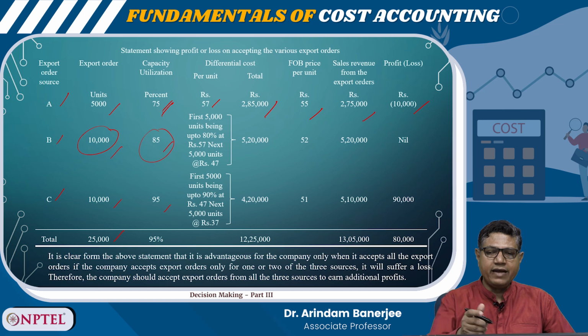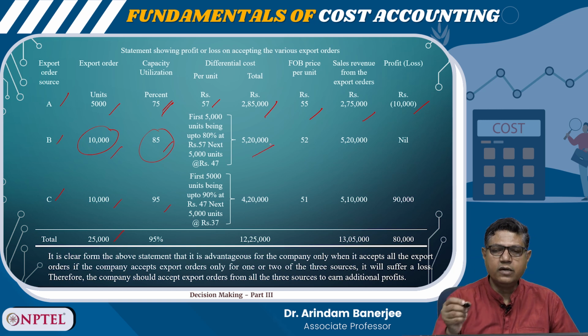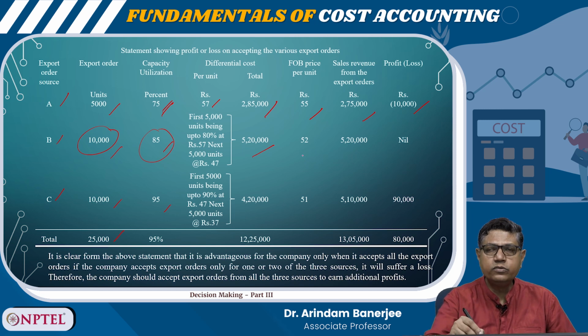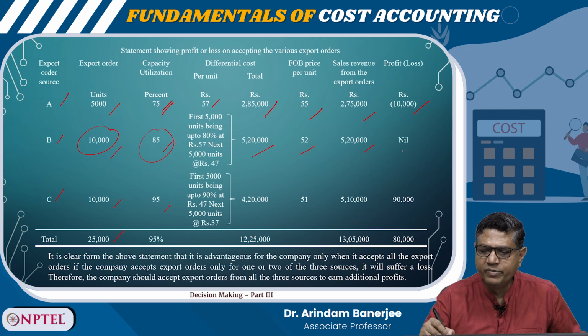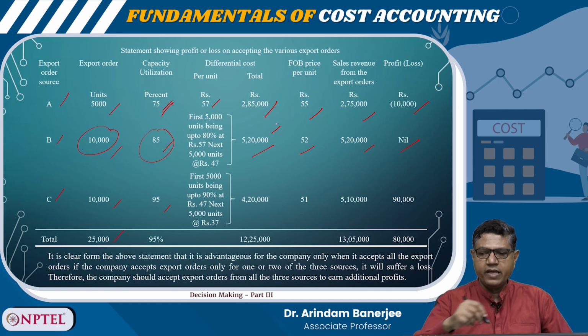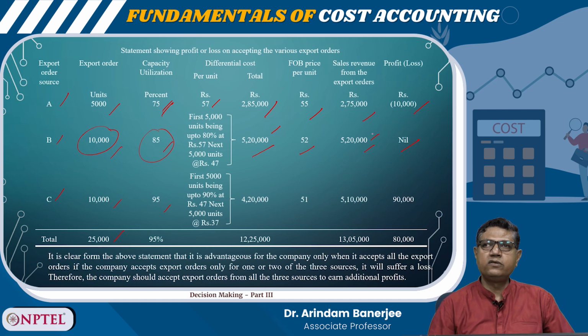So, it is 5,20,000 total, and the price per unit is 52, so the revenue will be 5,20,000. So, my profit will be nil, right, because the differential cost is also 5,20,000 and my incremental revenue is also 5,20,000, right.